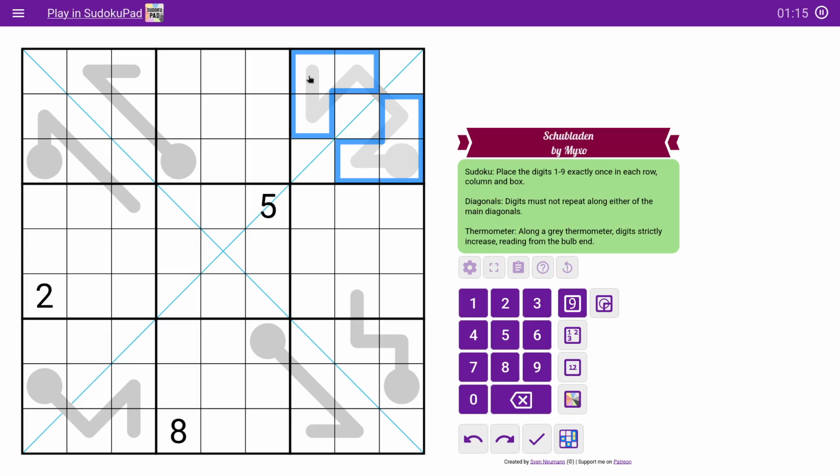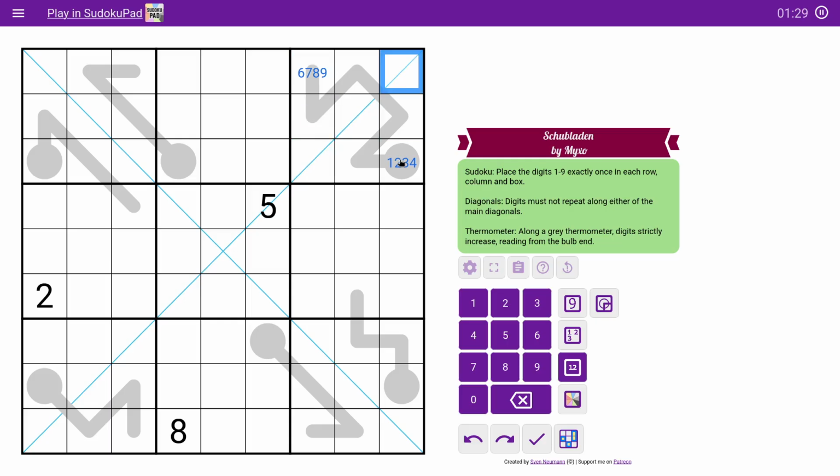I mean, it must be the 6 long thermometer you start with, right? This can be 1 through 4. This can be 6 through 9. We know there is a 5 on that thermometer somewhere. That's not much of a constraint.